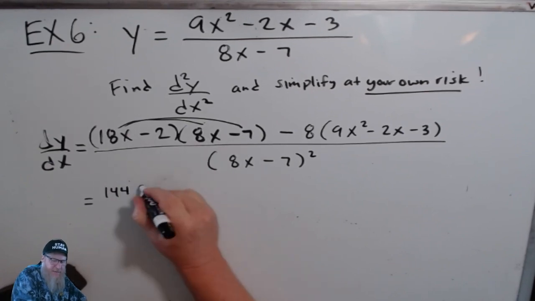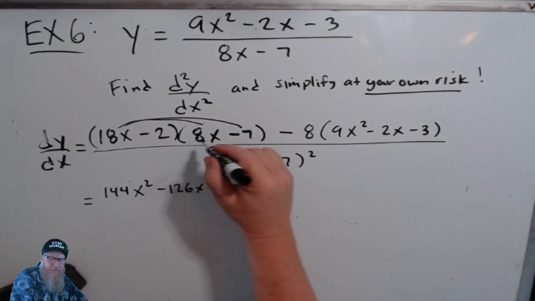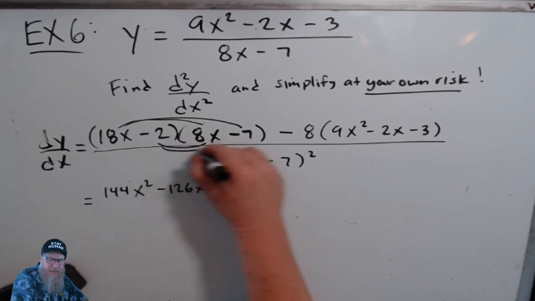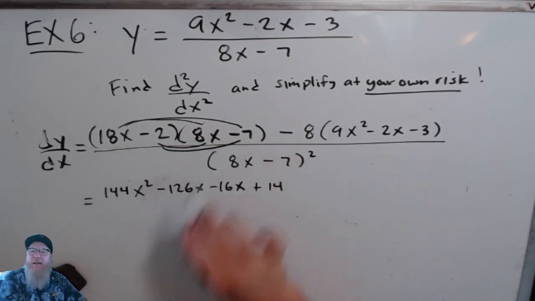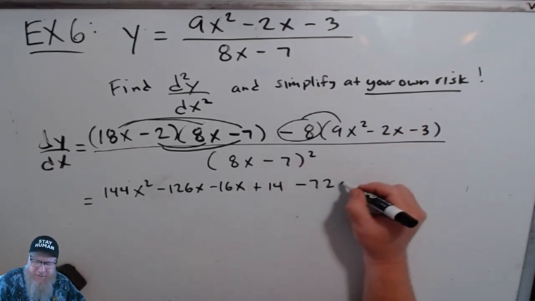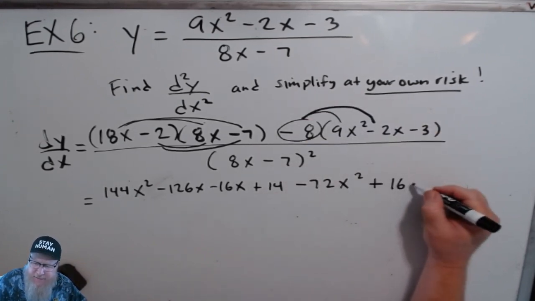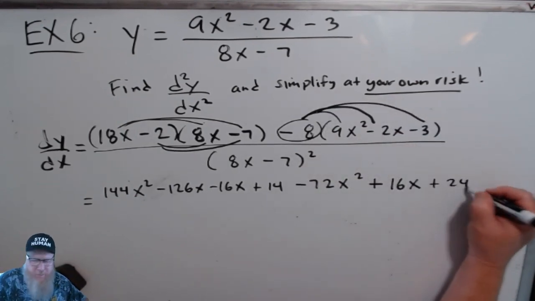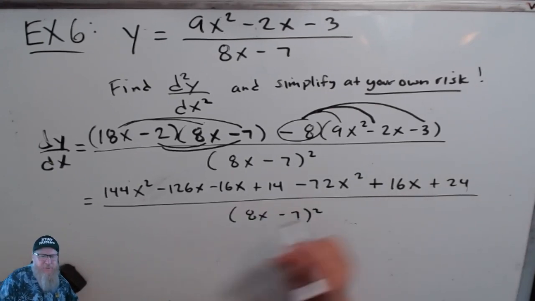Oh, I forgot my x. Negative 16x, and negative times a negative is a positive 14. So that's that one. And then I got a negative 8, so that's going to be negative 72. 8 times 9. Negative times a negative is a positive 16x. Negative times a positive is a positive 24, all over 8x minus 7 squared.